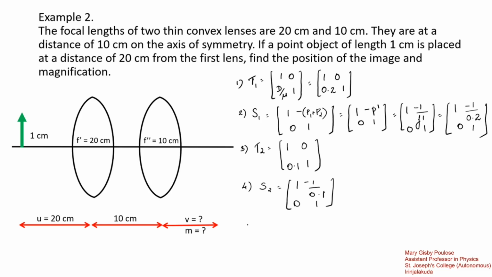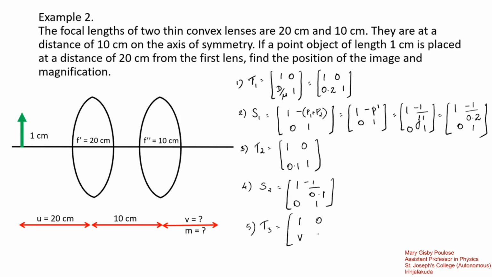Finally, after the second lens, light travels towards the image plane and forms the image at that plane. So light translates to that point, again undergoing a translation matrix, which can be represented as 1, 0, d by mu, where d is the distance towards the image.